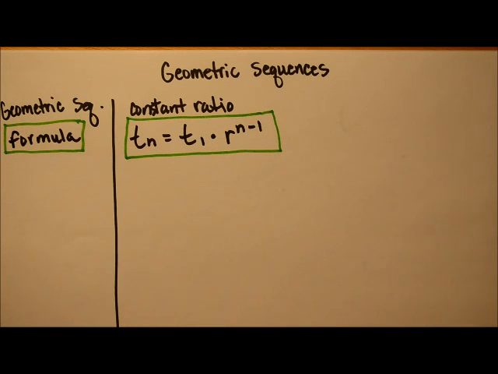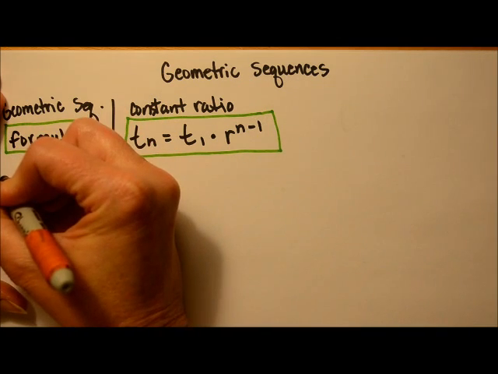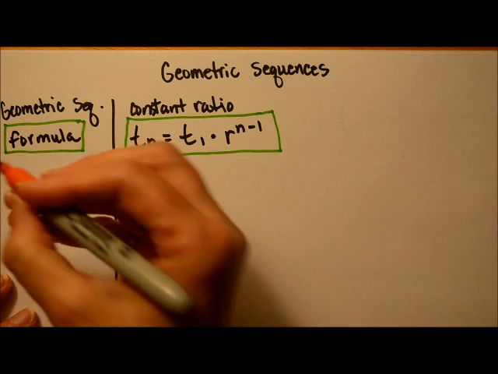All right, so let's play with the formula a little bit first, and then we'll go to finding the geometric mean, which is a little different, a little strange. And this is going to be a pretty quick lesson. So the first one is going to be an example of find a formula for the nth term.